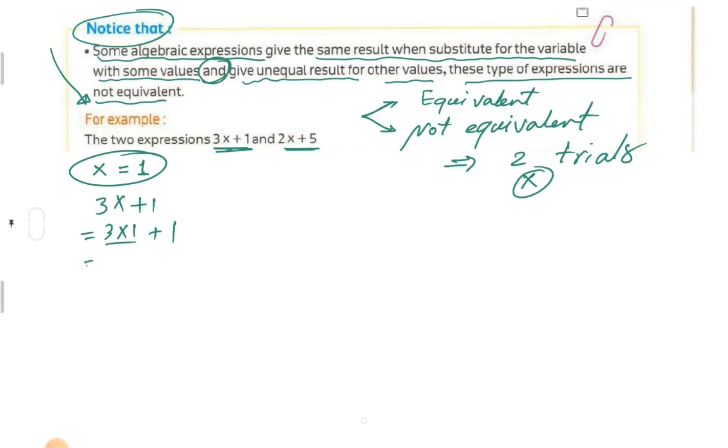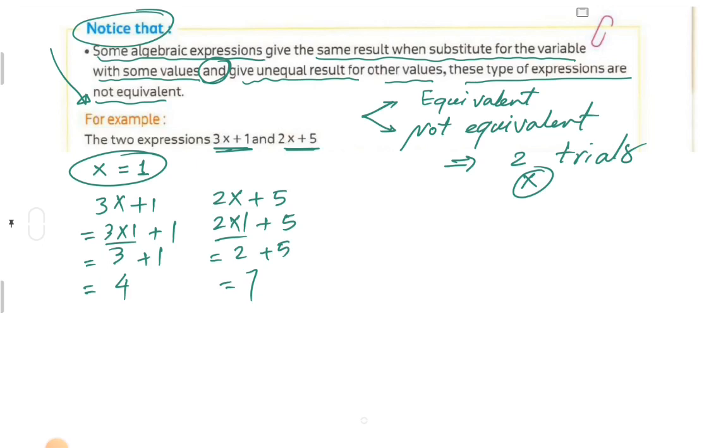Start with multiply, equal 3 plus 1 equal 4. Okay, now the other expression, 2x plus 5. 2x, that's mean 2 by x. X equal 1 plus 5. Start with multiply. 2 by 1 equal 2 plus 5 equal 7.